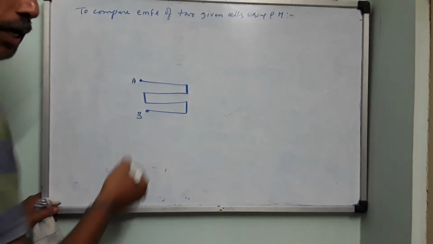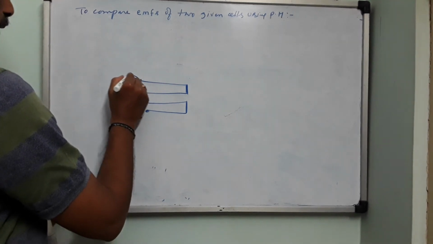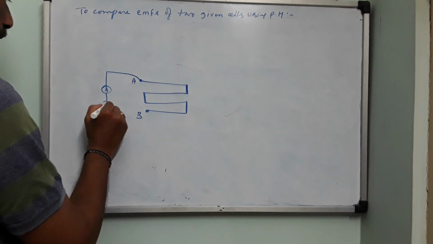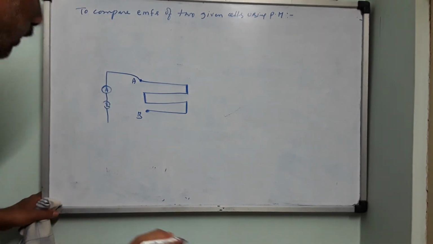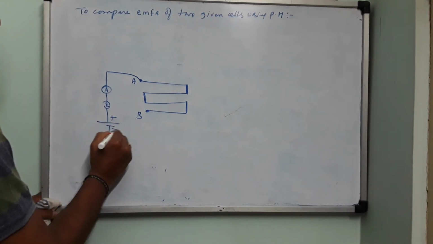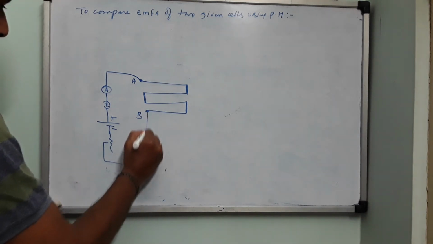Some potentiometers can have 600 centimeter also. So now this will be connected like this. Here is an ammeter, here is a key. All of them are in series. You can connect anywhere, plus, minus. Here is your rheostat. So this is connected here like this.